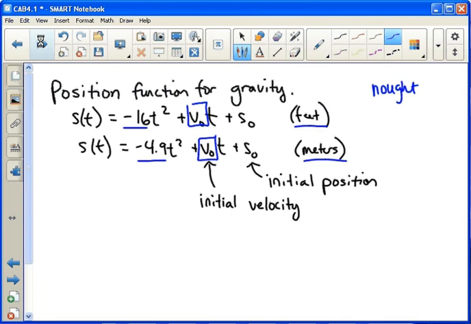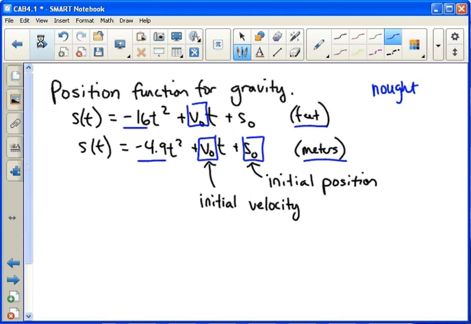Your velocity will likely change over time, but this simply represents what the velocity was at time 0. Same with your position. Your position changes over time, but this S naught represents your initial position, the position at the beginning or the starting point. So V naught is your initial velocity, S naught is your initial position.